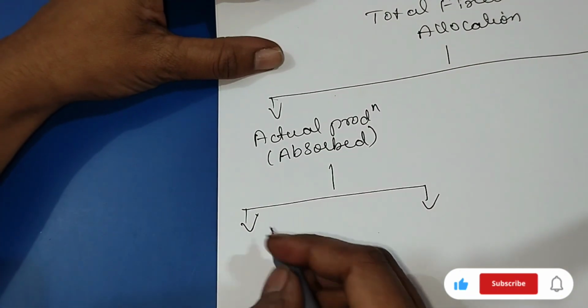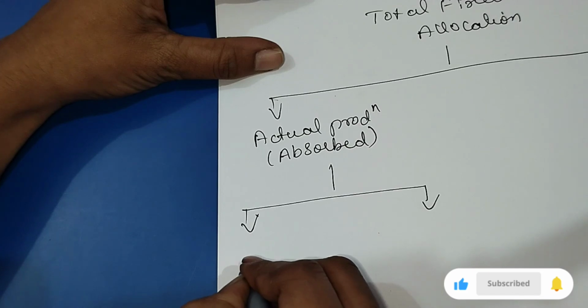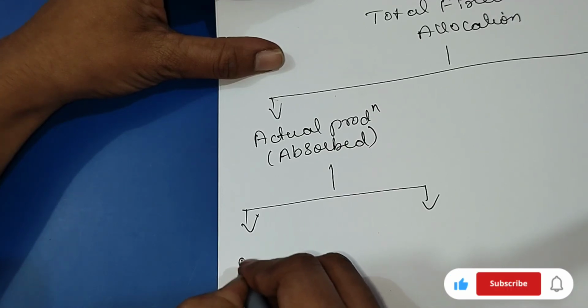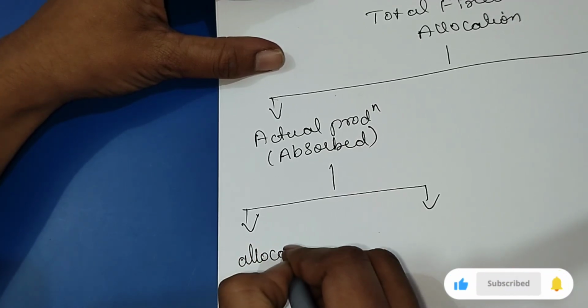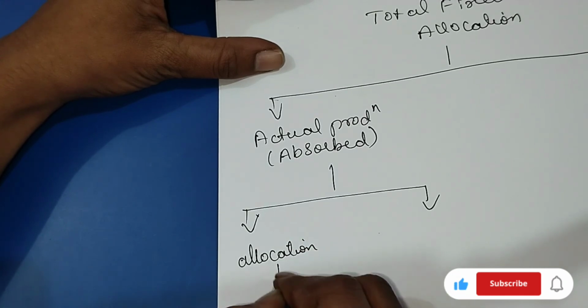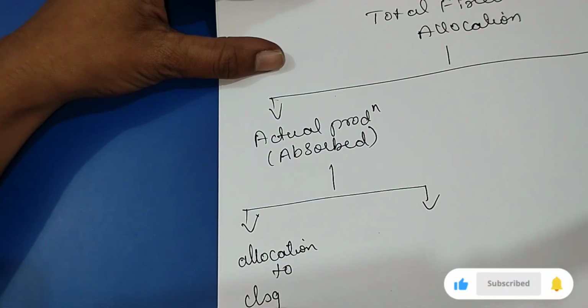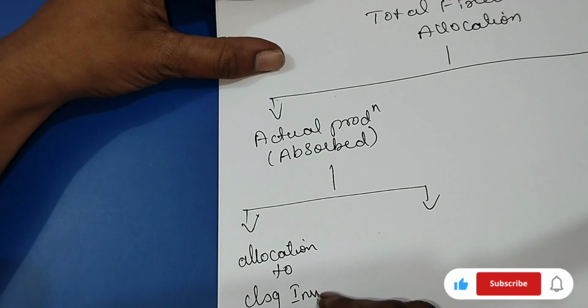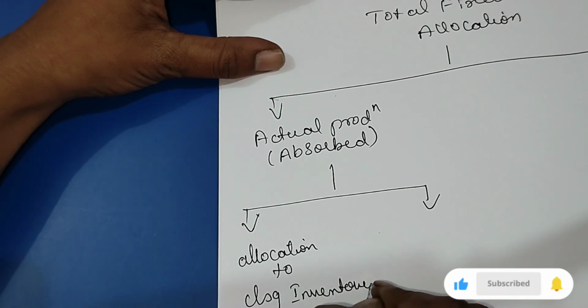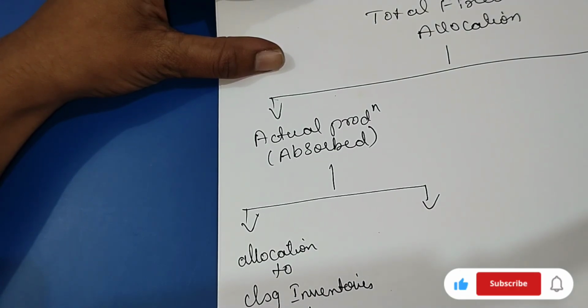First one, you are allocating based on your closing inventories. Allocating to closing inventories, then closing inventories into fixed overhead per unit.